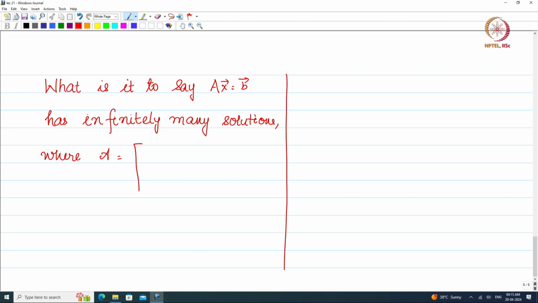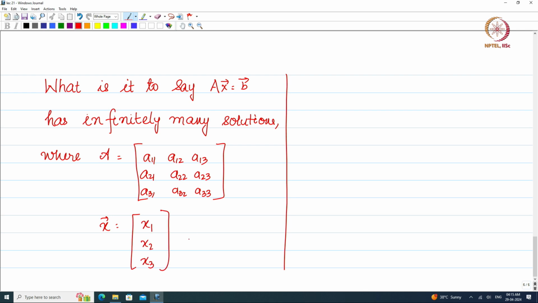A is basically as given, we know this, with entries A21, A22, A23, A31, A32, A33. X is basically X1, X2, X3, and B is equal to B1, B2, B3.